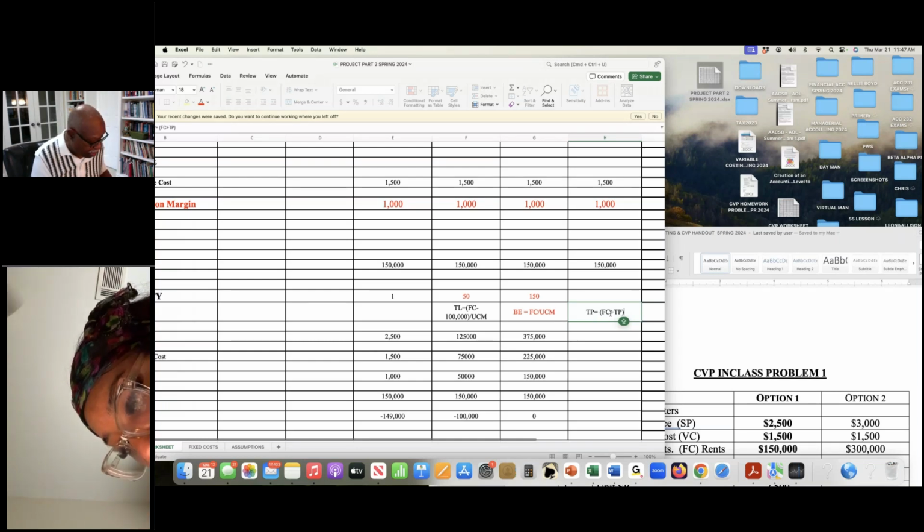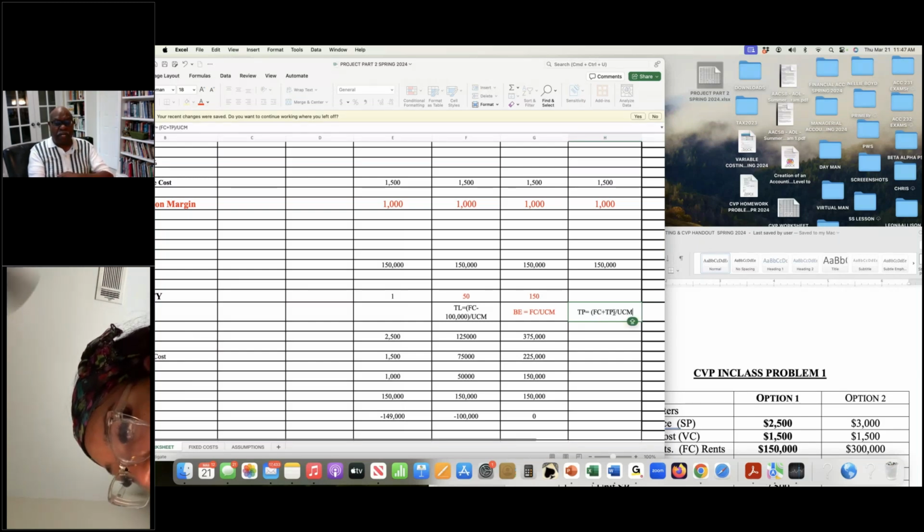The UCM again, right? Notice in every formula, we divide by the UCM, and the fixed cost is in there somewhere.